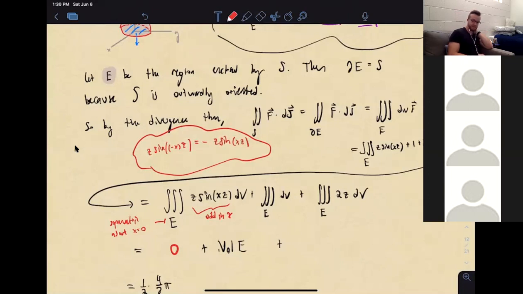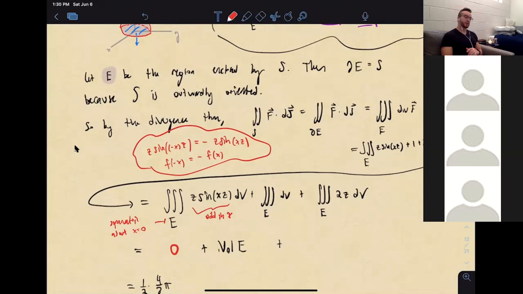And I get this. This is exactly what it means to be odd in X, because we've shown roughly that f of negative x is negative f of x. That's what it means to be odd.